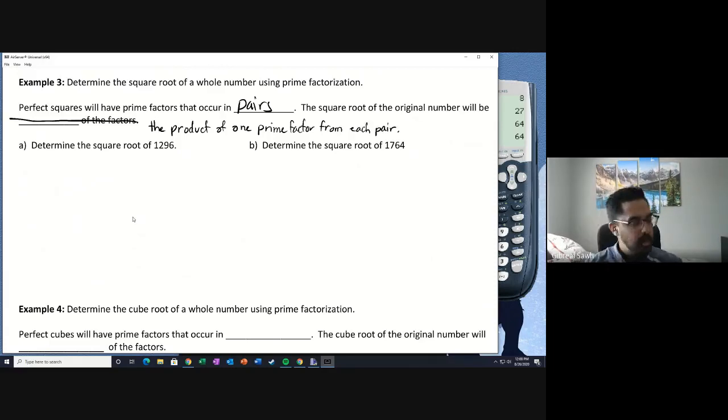So we're going to list out all the prime factors, and we'll see that they end up being pairs because perfect squares have the same number multiplied by itself. And we're going to multiply one prime factor from each pair, and we'll see that we get that square root. So we'll do A together in here, and I'll put B up in the solution.